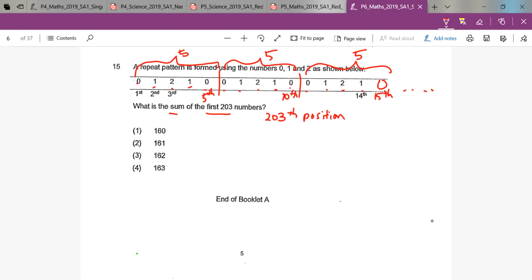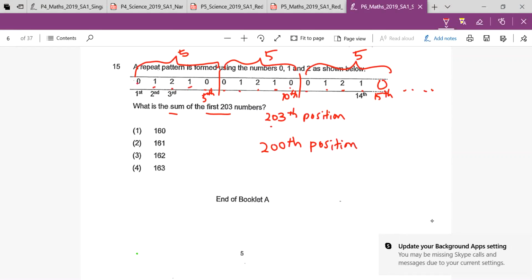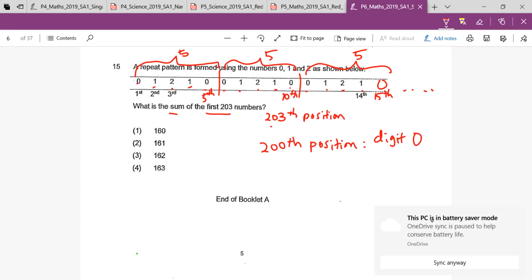Okay, if you look at 203, alright, the previous multiple of 5 before this would be 200. Okay, so at the 200th position, I can safely say that digit 0 is at the 200th position.